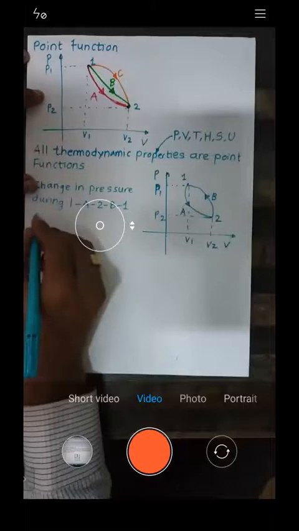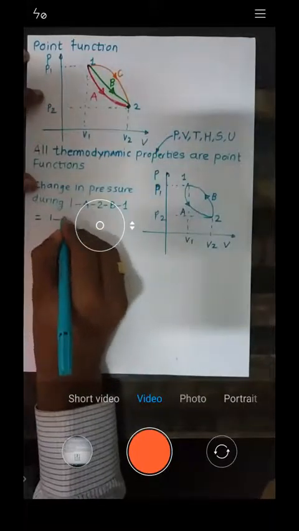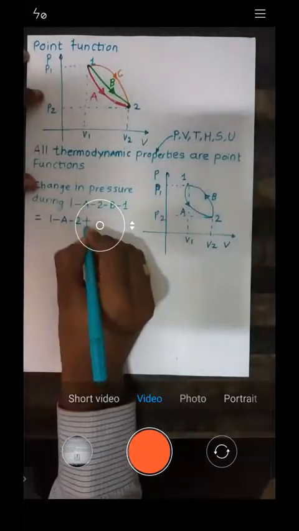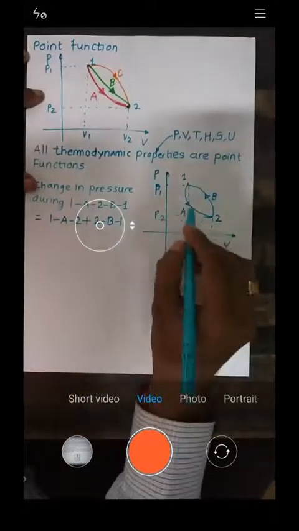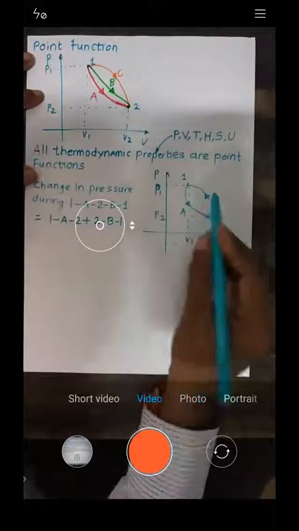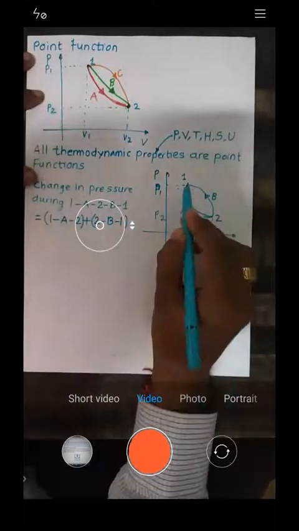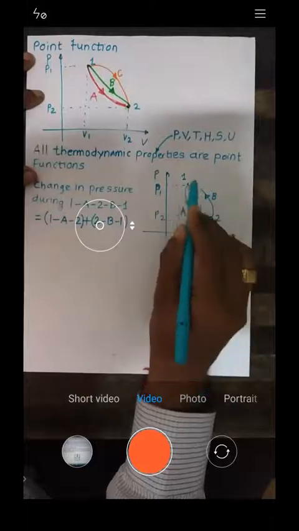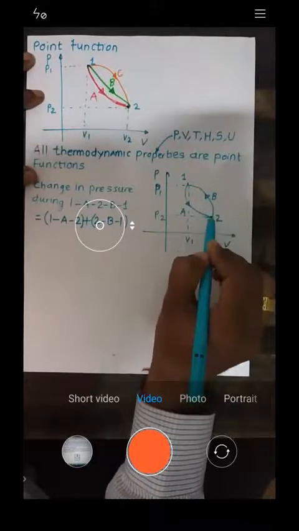So the change in pressure is given by the change in pressure during 1A2 plus the change in pressure during 2B1, right? Because if you need to move from 1 to 2 and again to 1, you need to follow the path 1A2 and 2B1.